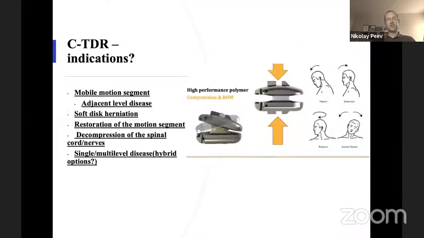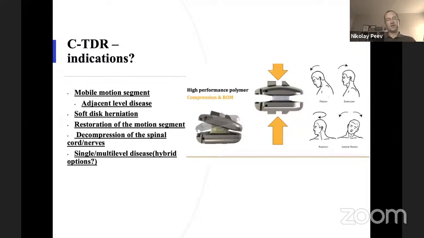So indications for disc replacement, you have to have a mobile motion segment. That's why you choose young people, because if you have over 65 patients, and especially over 75, it is very unlikely to have a disc that is mobile. My cutoff is 65, but some people go above that.